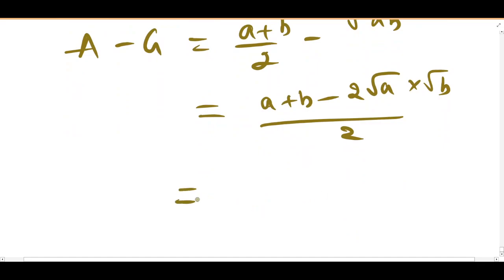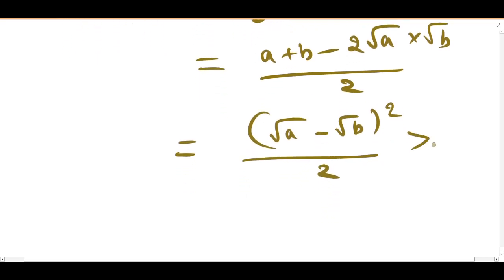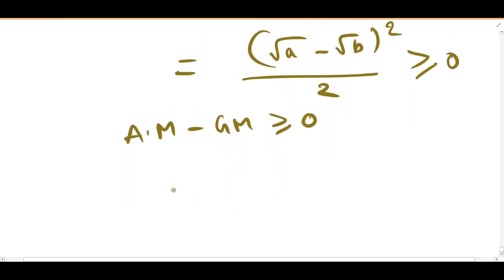So we know (a minus b) whole square is a square plus b square minus 2ab. So we can write (root a minus root b) whole square divided by 2, which is a positive quantity. So we can say AM minus GM is greater than 0. So AM is always greater than GM.